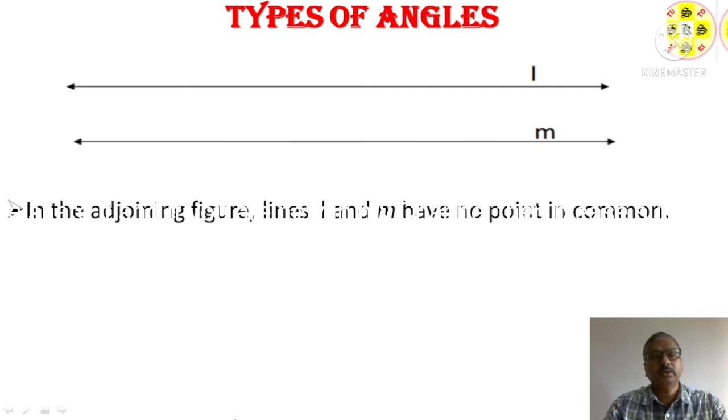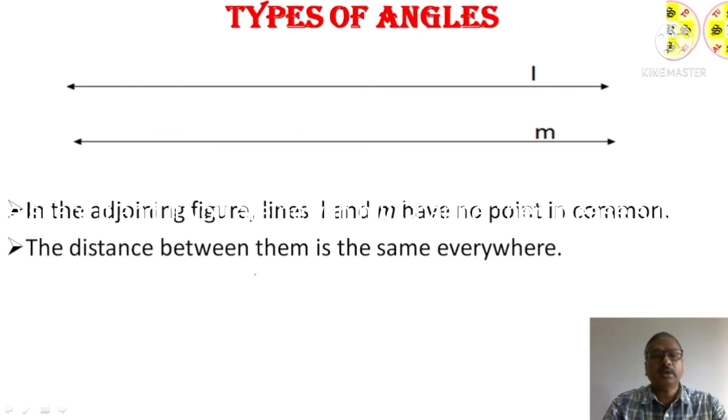In the adjoining figure, lines L and M are parallel to each other. Lines L and M have no point in common, and the distance between them is the same everywhere. If we find the distance here, if this is 3 centimeter, here it is also 3 centimeter.